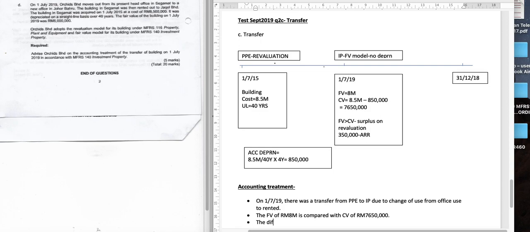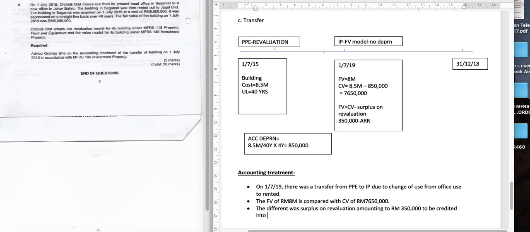The difference was surplus on revaluation amounting to RM350,000, to be credited into ARR.